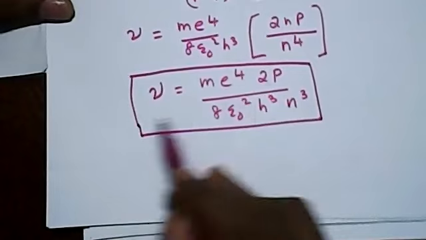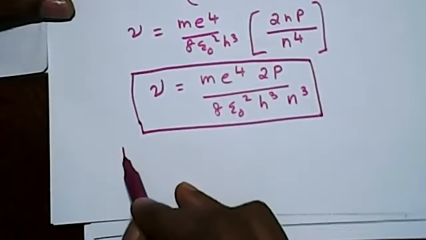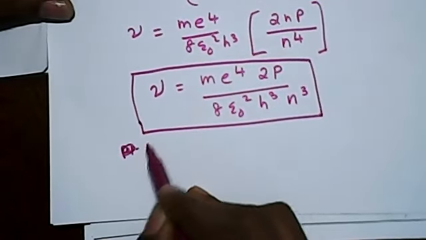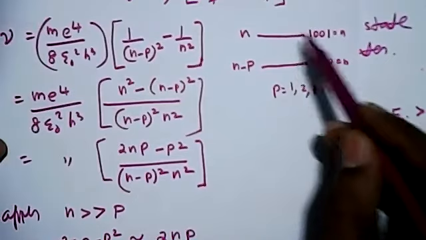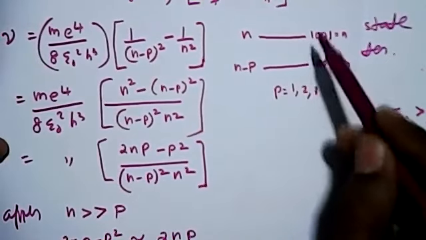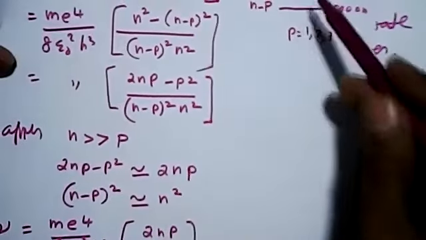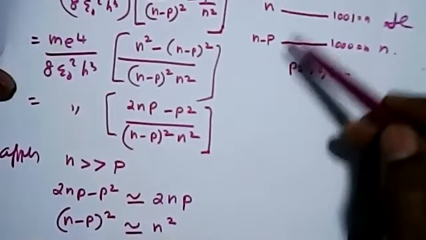Now you put p equal to 1. That means neighboring orbit. P equal to 1 means this is 1001, this is 1000. Just a neighboring orbit, but both quantum numbers are very large.